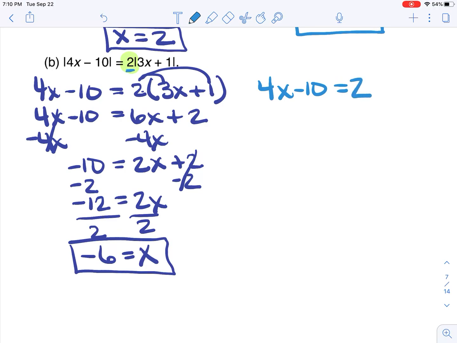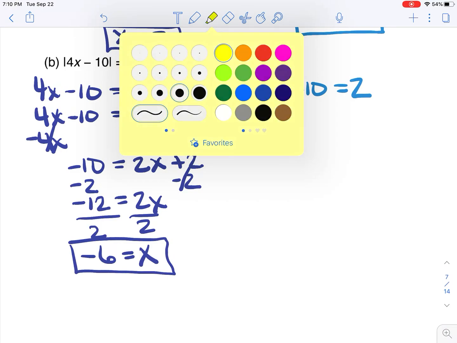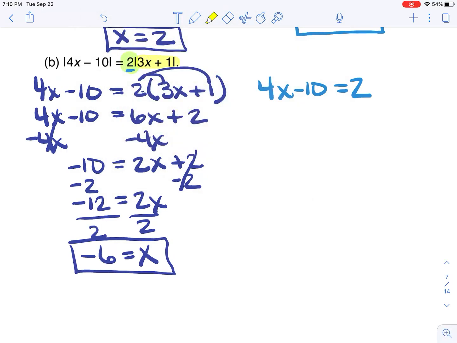So I'm going to leave that on the outside. But what's going to happen is this 3x plus 1 that's on the inside, that whole thing, so I'm going to have to put brackets, is going to have to be negative. So I'm going to add the negative right here.